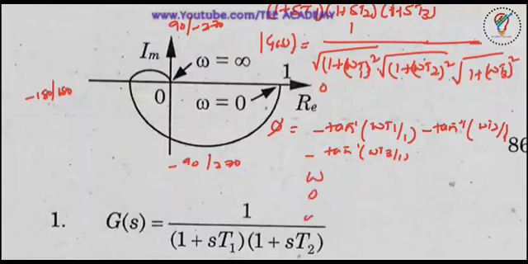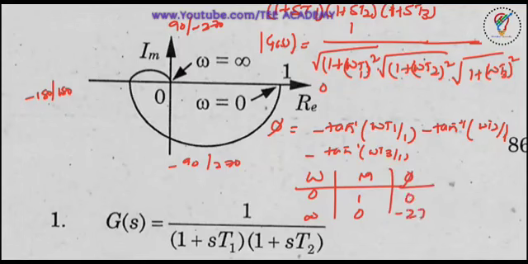Now finally, if you draw the curve, taking the magnitude and phase angle values for a range of frequencies, say 0 to infinity: when omega is 0 the magnitude will be 1, and at infinity it is 0. Similarly, the phase angle is 0 at the start and minus 270 at the end. So when the magnitude is 1, the phase angle is 0, the starting point.